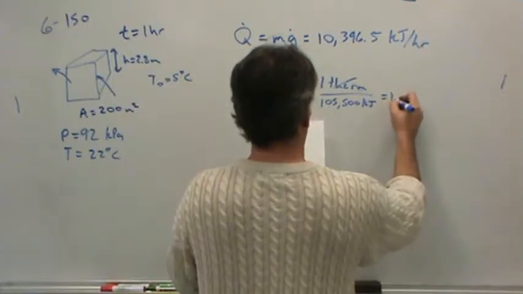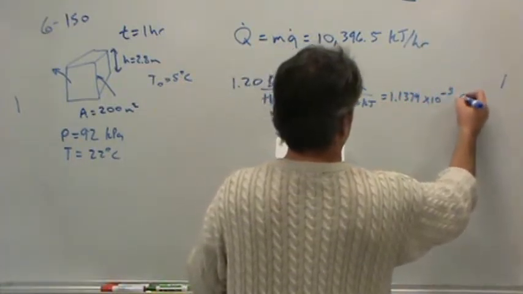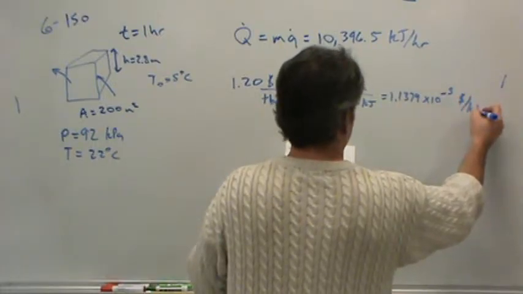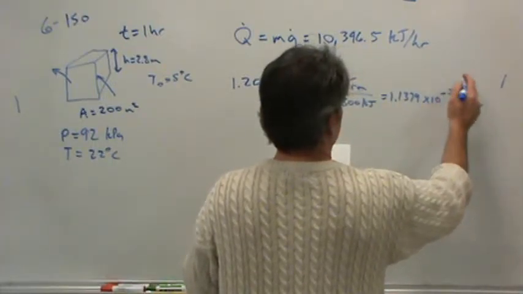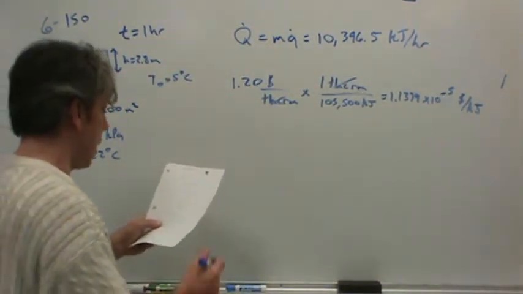That comes out to 1.1374 times 10 to the negative fifth dollars per kilojoule. Okay. So there's the cost of energy.